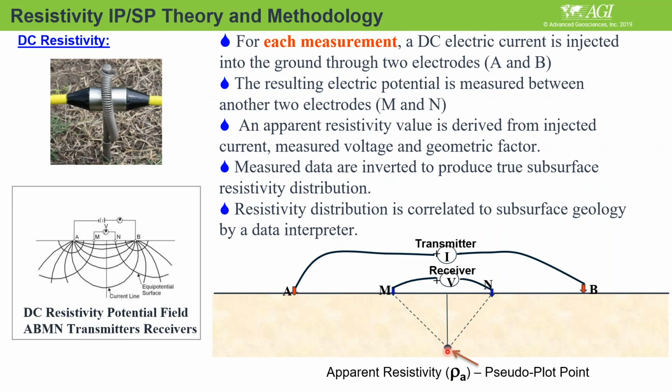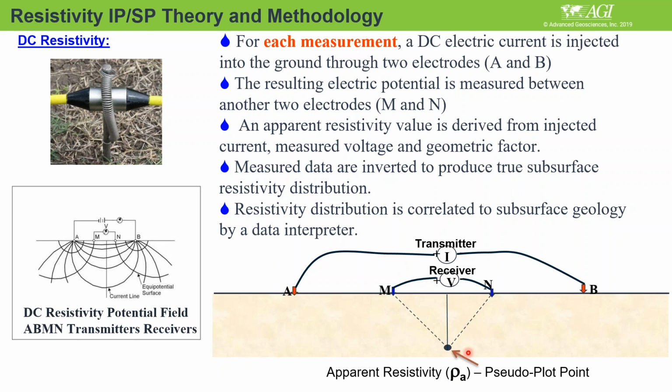So after that, when you have this pseudo plot of what we call apparent resistivity values, we need to convert this to true resistivity values, to get the resistivity value of this point. Apparent resistivity is different than real resistivity. If everything were homogeneous, with no heterogeneity at all, then all apparent resistivity would directly correspond to true resistivity.